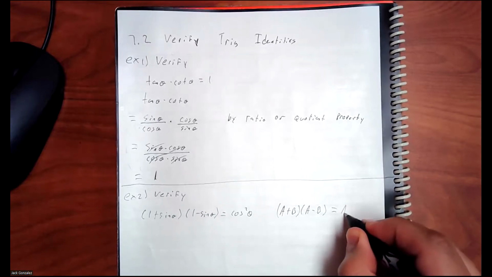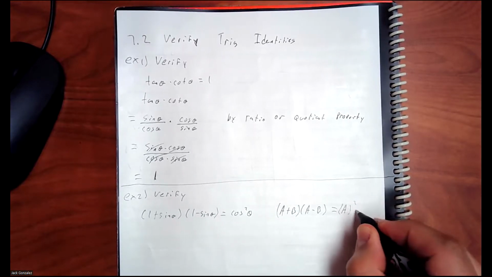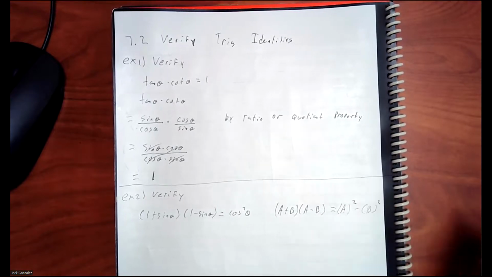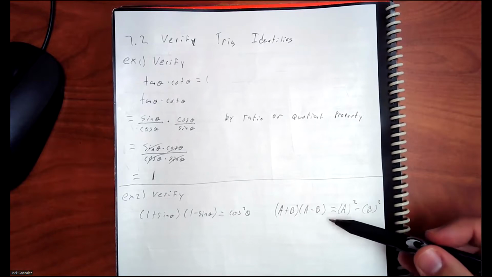You remember that this is equal to a squared minus b squared, right? Is this familiar?